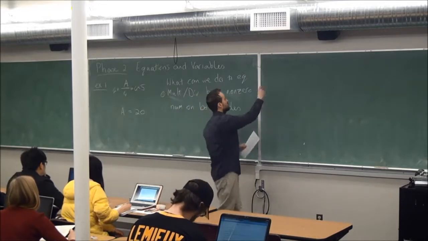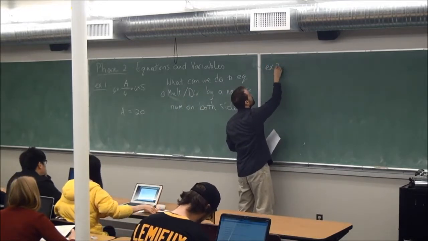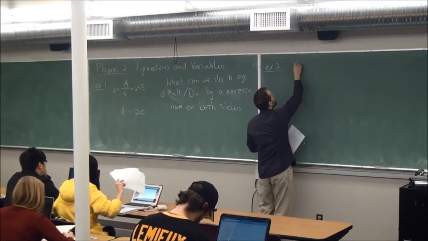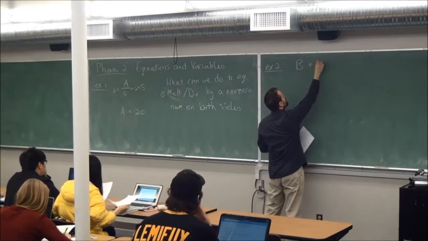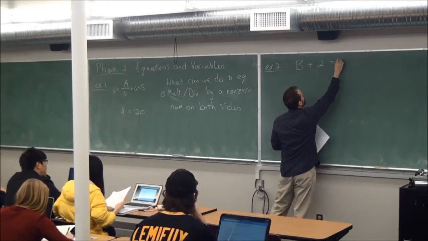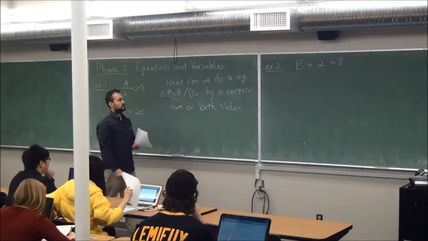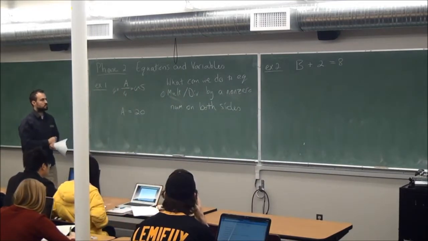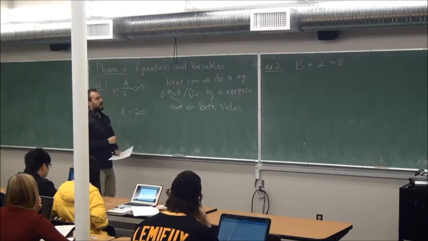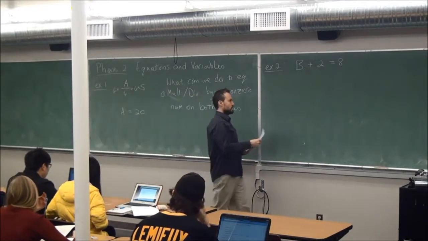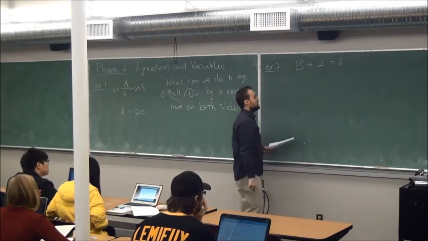The other one is example 2, where I have my variable name is b, plus 2 equals a. That means I'm looking for a number b that's represented by b, some number hiding behind b. And if I add 2 to it, the answer should be a.